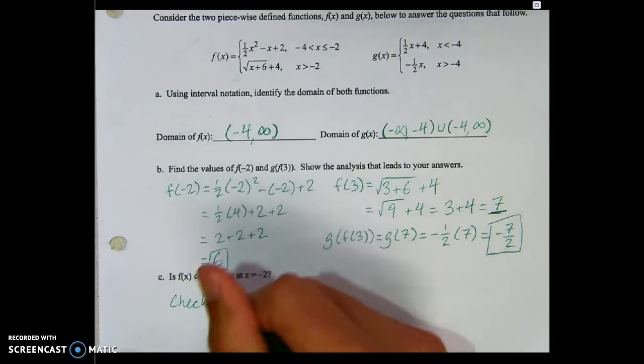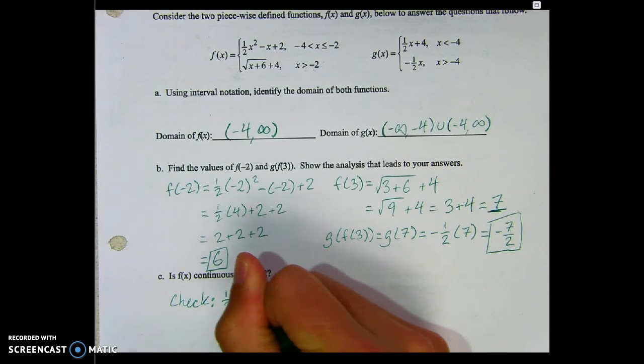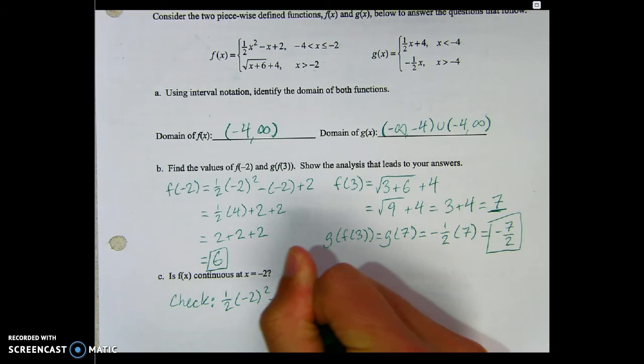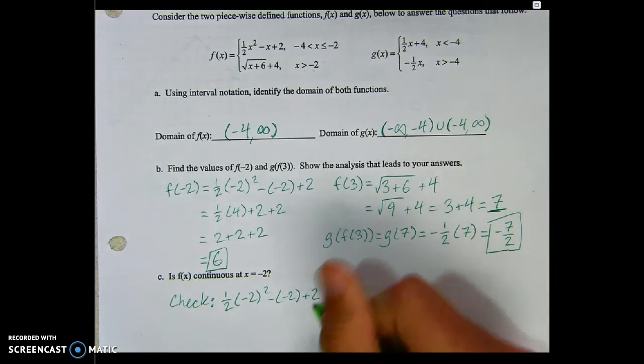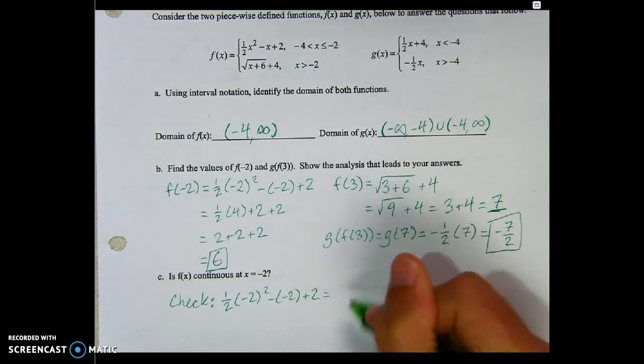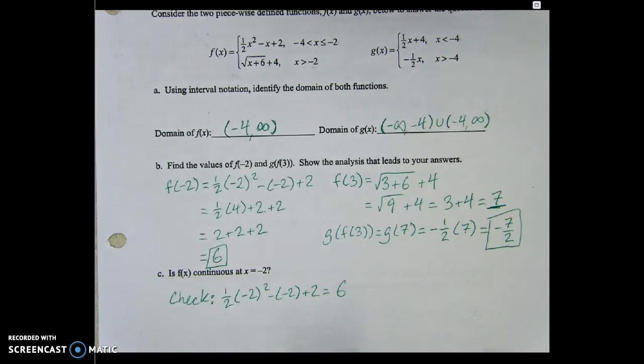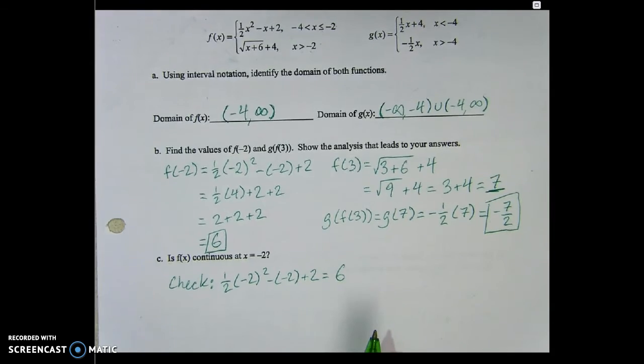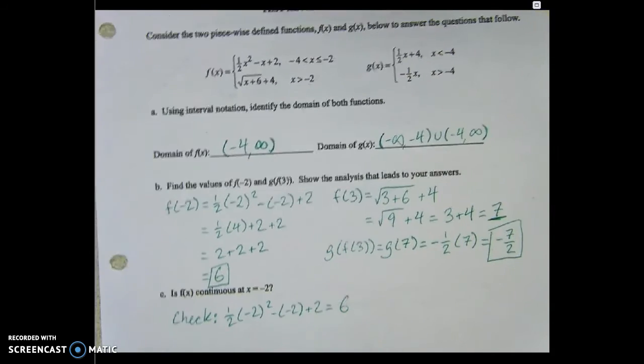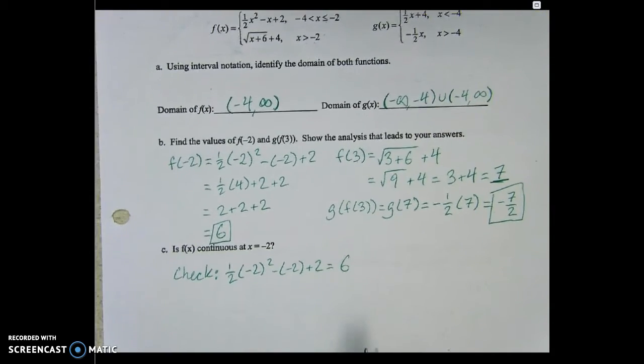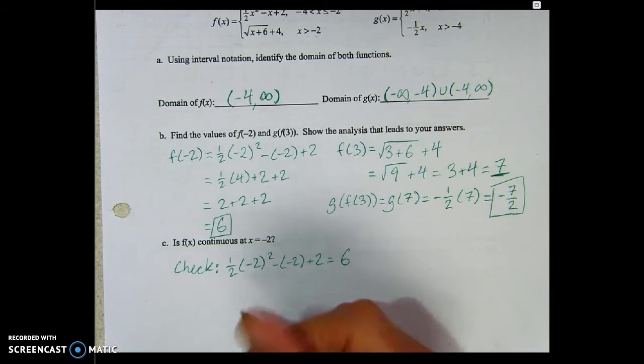All right, so let's check it. We have 1/2 times -2 squared minus -2 plus 2 was equal to 6 from above, right? We already did that work. Okay, now we need to see if the square root of -2 plus 6 plus 4 is also equal to 6.